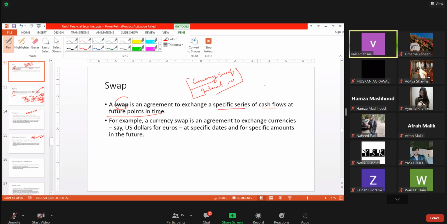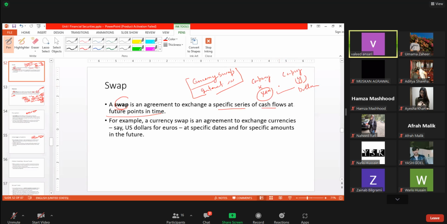A currency swap is, for example, when a company X has an advantage in raising funds in, let us say, Japanese yen. Another company Y has an advantage in raising a loan in dollars. Now this company needs a loan in dollars, and this company needs a loan in yen. So they undertake an agreement where they exchange, swap, this loan arrangement.